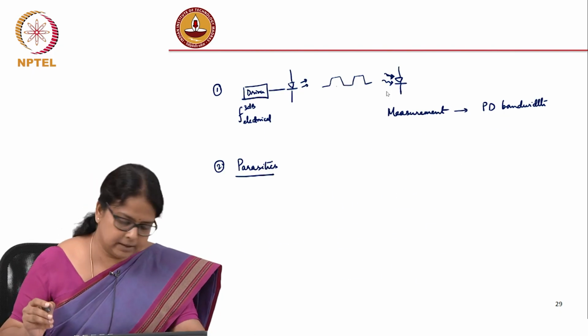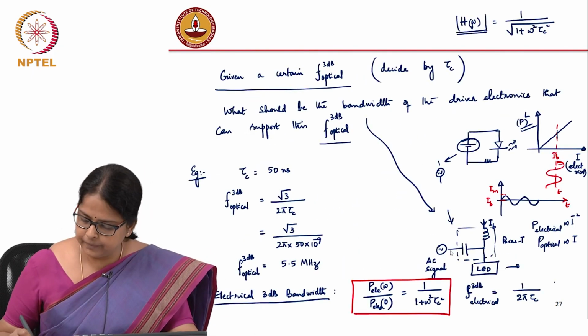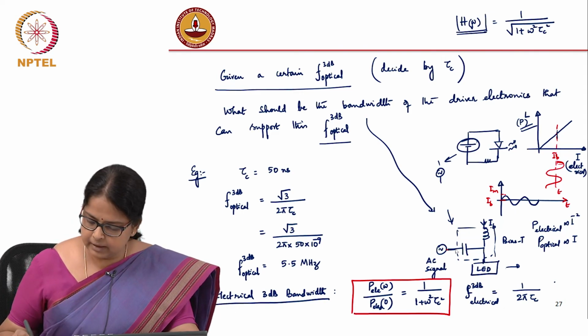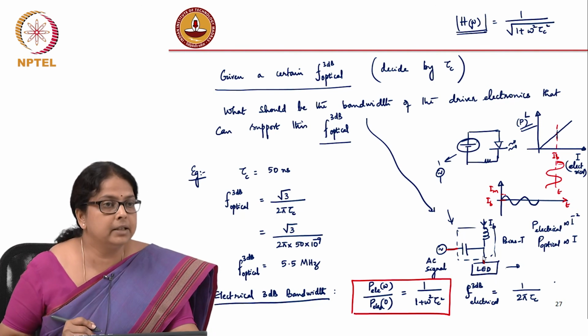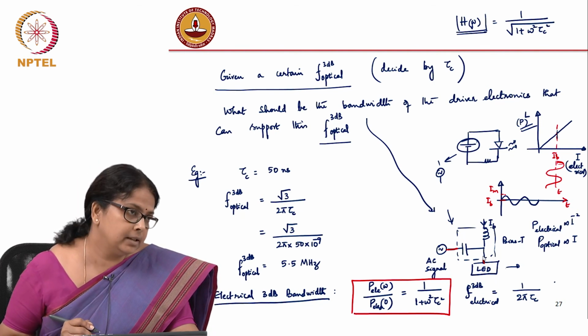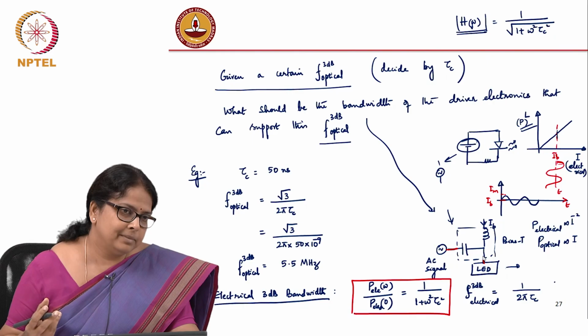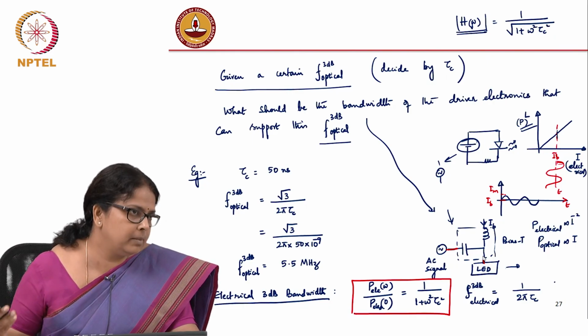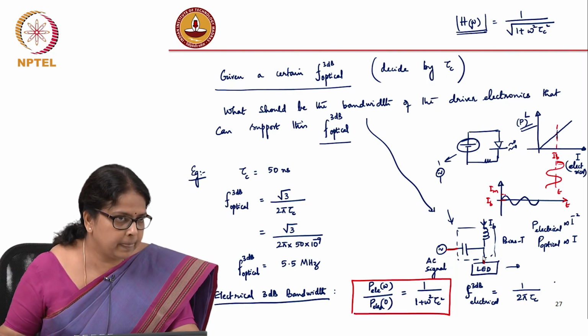For example, in this bias controller circuit, you cannot afford to use cables, here or the cable that connects to the LED, in such a way that the cable is imposing a bandwidth limitation. The capacitance of the cable is larger when compared to this. That also will be a problem.